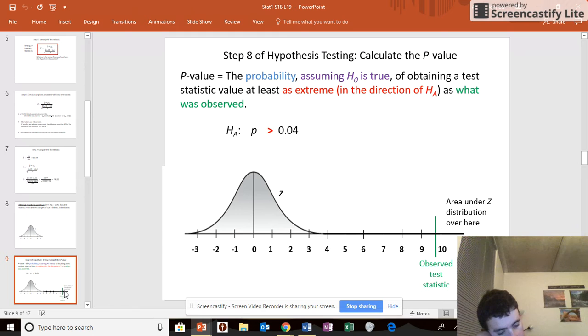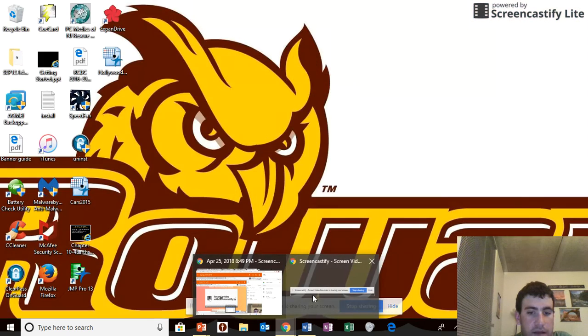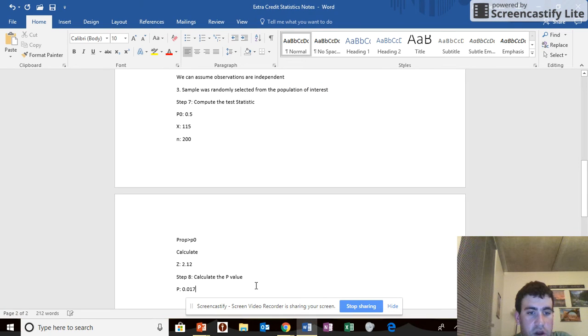Scroll down to number 2 where it says normalcdf. Type in the z value of 2.12, an upper bound of just a really big number, and then leave the 0 and 1 as they are, and you should get approximately the same value. So that's how you would do it, but your calculator gives this information to you.